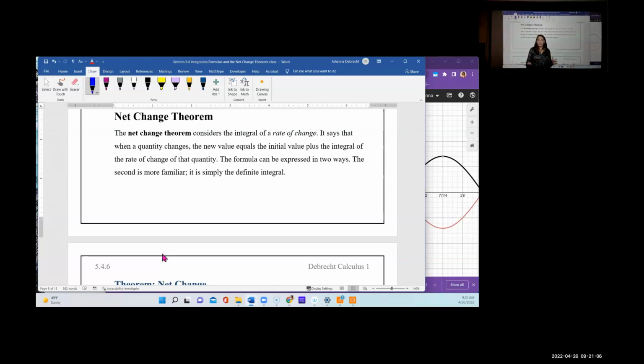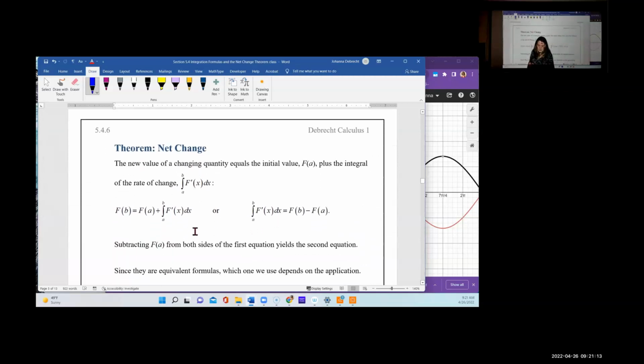So the formula can be expressed in two ways. What we're actually looking at is the same formula that we've had before from the Fundamental Theorem of Calculus Part 2, but solving it for f of b. So this is the new value when something gets changed.